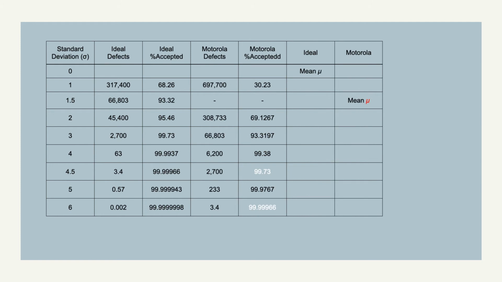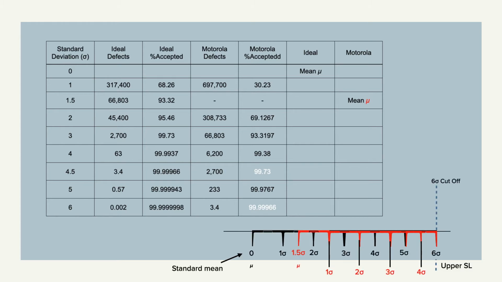So here is the data table for ideal and Motorola Six Sigma adjustment for that distribution. Here is the standard deviation axis, and you can see the ideal average in black and shifted average considering conditions in red. The shift is 1.5 sigma, so the shifted distribution goes to 4.5 standard deviations.